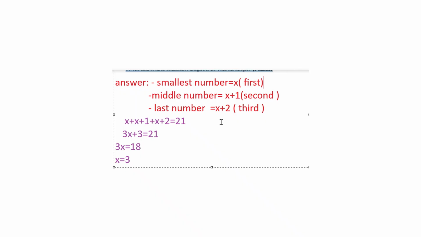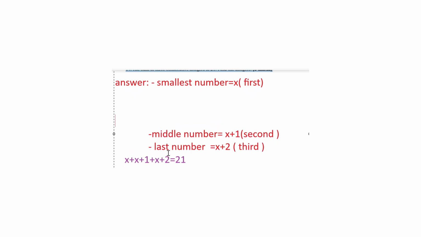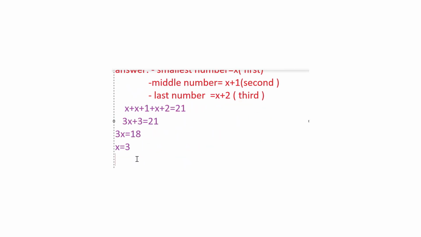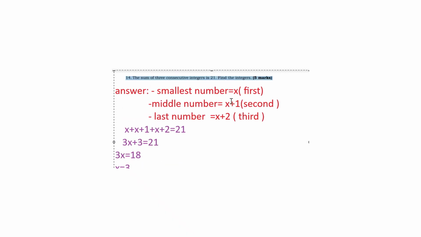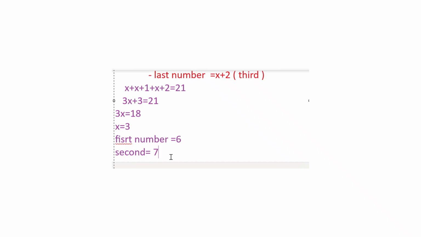So the first number will be equal to 6, and the second number will be equal to 7, because the second number is x plus 1.